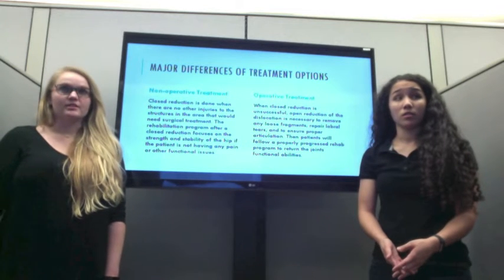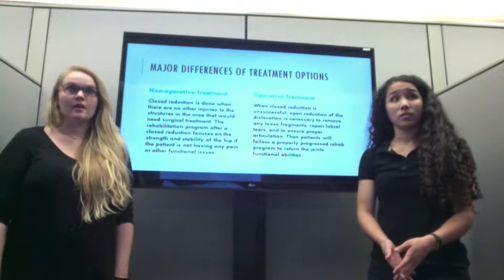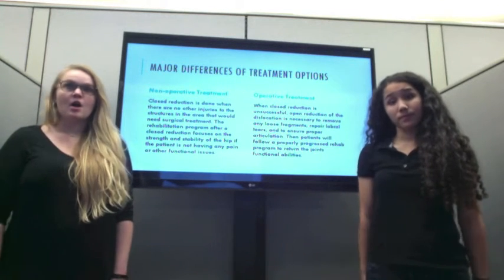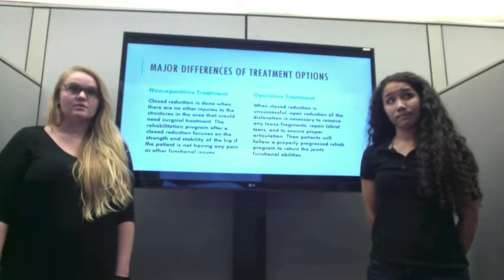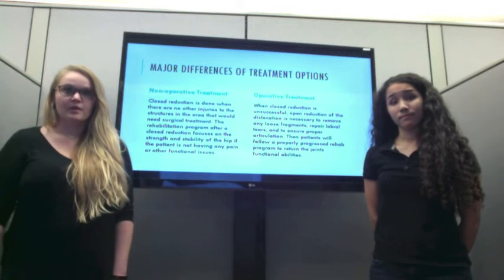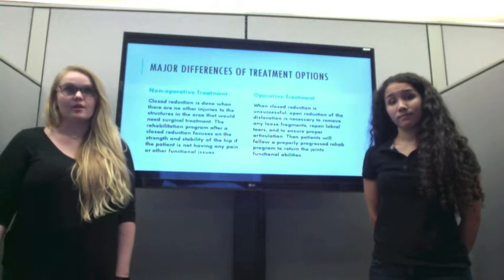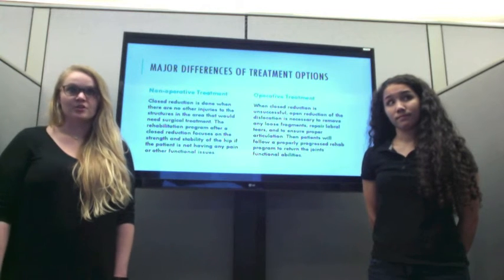So some of the major differences between surgical and non-surgical treatment of the posterior dislocated hip are that the non-operative focuses mainly on strength and stability of the hip joint, and this is usually the preferred method if there are not a lot of other issues with his dislocation injury.